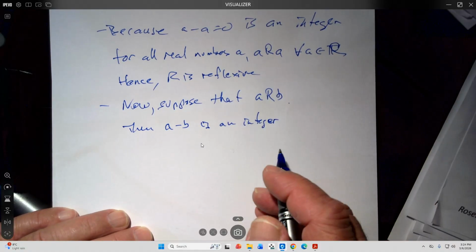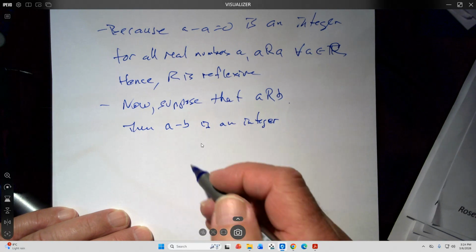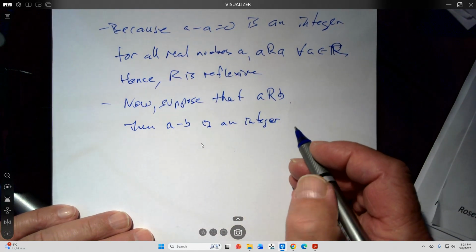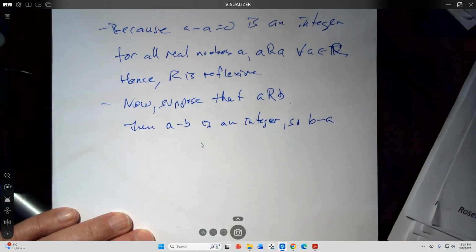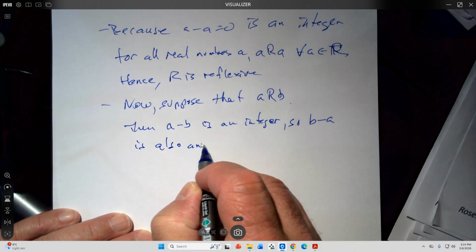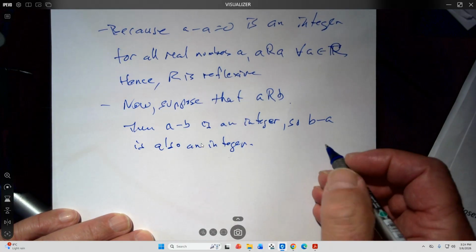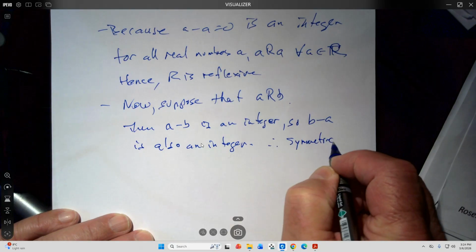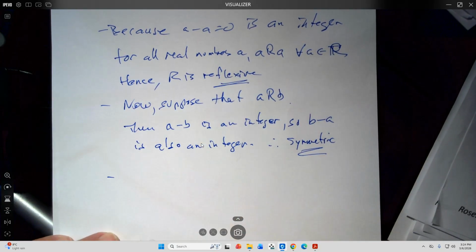Subtraction is closed. That means if you subtract two integers, you're still in the set of integers. Okay. So B minus A is also an integer. Well, obviously then it follows it's symmetric, therefore symmetric. So it's reflexive, symmetric, and you know where this is headed.